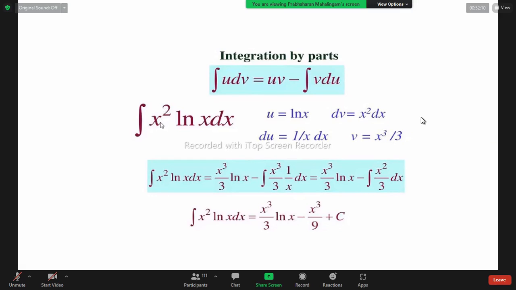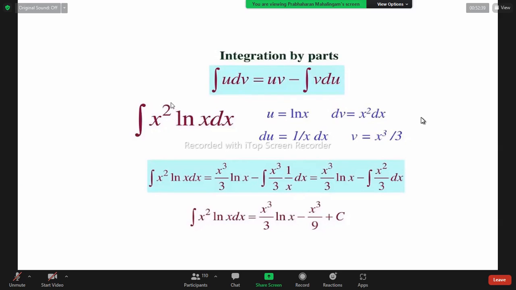So here you see x square and ln x, two different functions. Now what should we fit as u in these? The integral sign is there, u is there. So from one of them you will take u. Here why do we take ln x as u? ln x is u, the other is dv. u into dv.